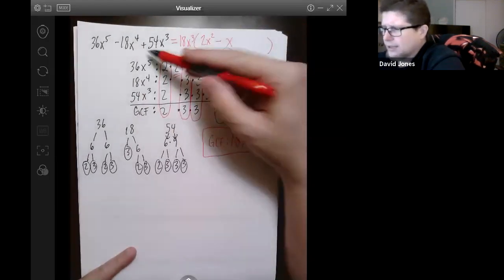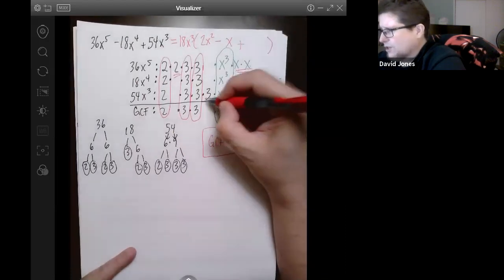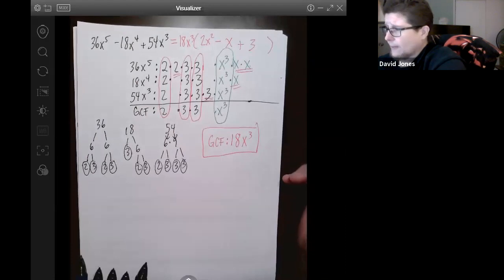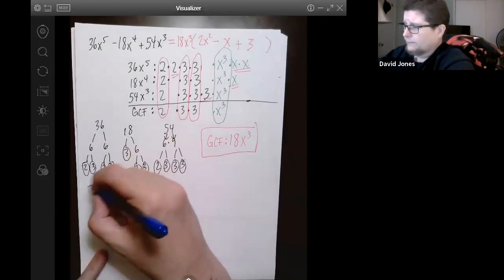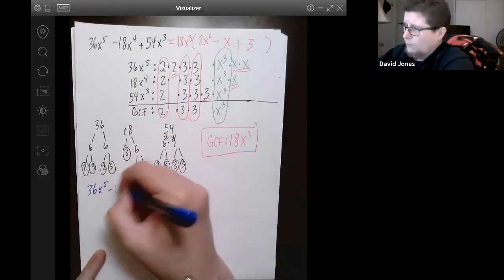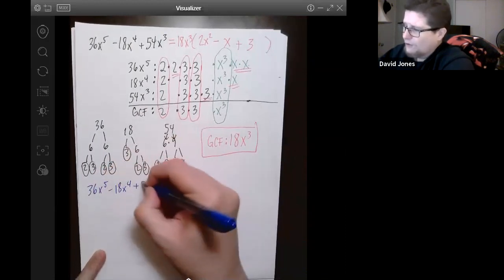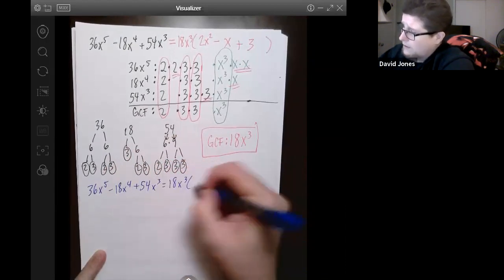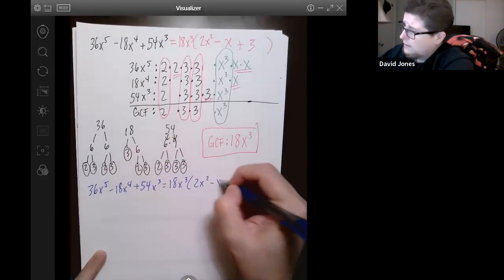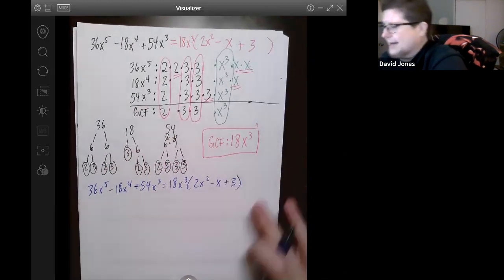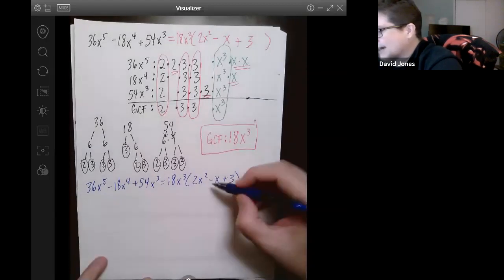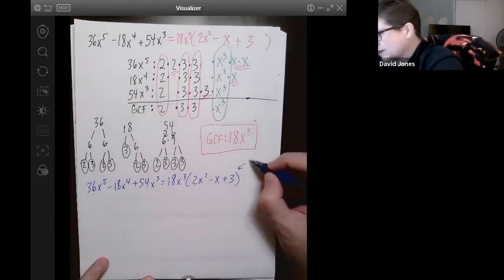The next one is a plus, and all I've got here is a 3. So that's what that factors to. Rewriting it down here like I should have done in the first place. Now that I've done the GCF, that's step 1. I'm going to try to factor this. Try to factor that.